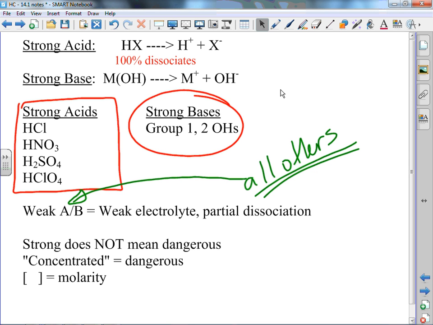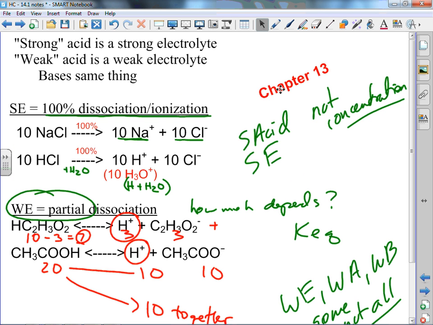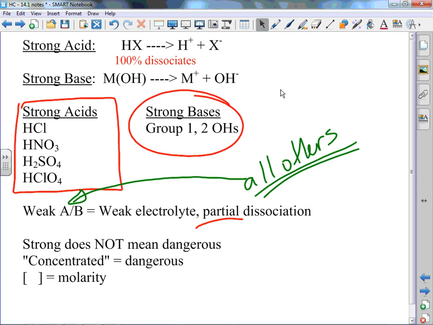That's all we've got to remember. 4 acids and the group 1 and group 2 metals are strong acids and bases. Everything else is weak. Everything else is partial dissociation. And then that helps us here. Okay? We said if it's strong, they're all going to break apart. There's only a few that do that. The majority are weak, that do not completely dissociate.